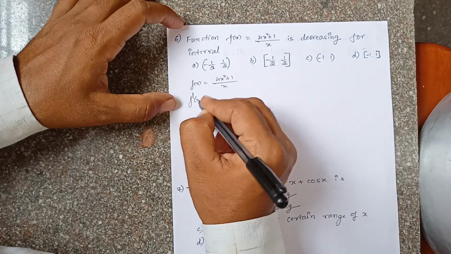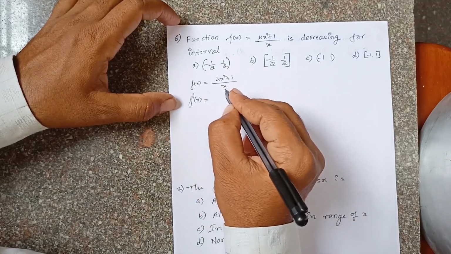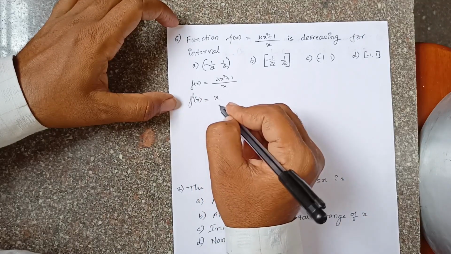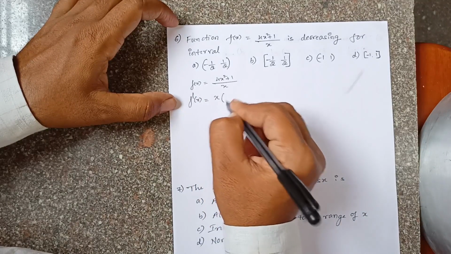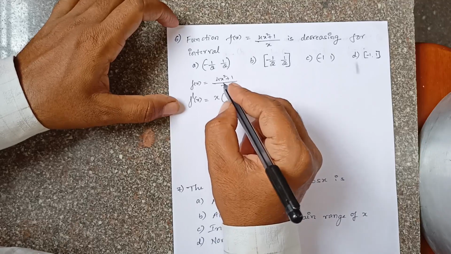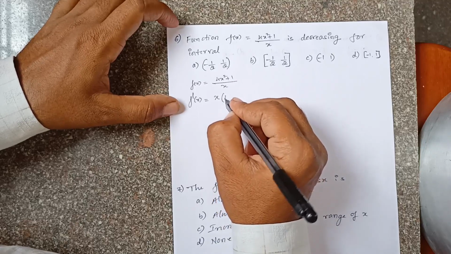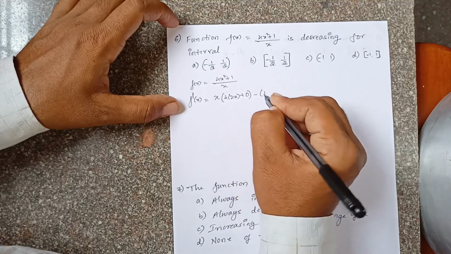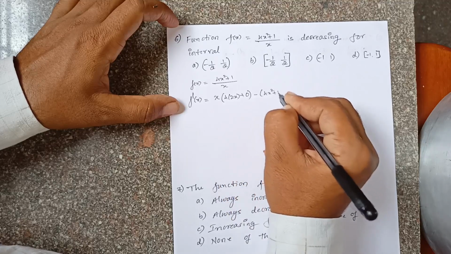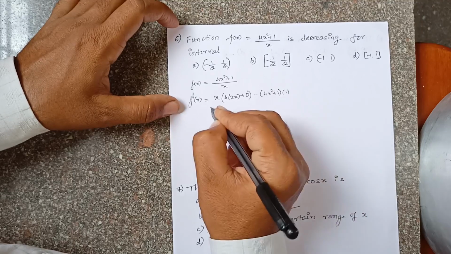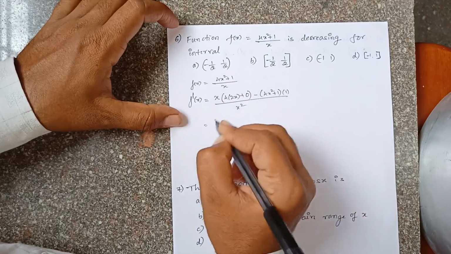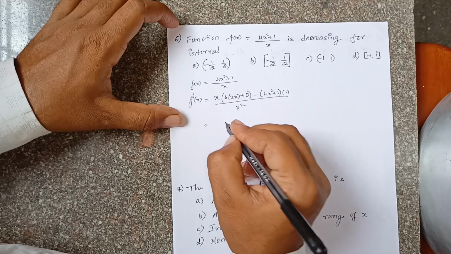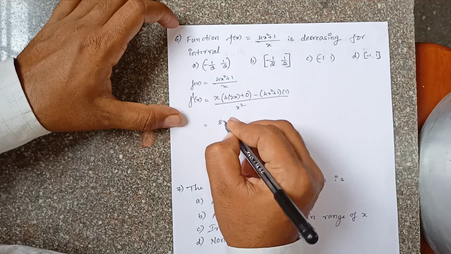Let us find the derivative of it. f dash of x is equal to, how do we differentiate it? We will differentiate by the u by v rule. Denominator kept as it is, differentiation of numerator: differentiation of 4x square is 4 into 2x plus 0, minus of 4x square plus 1 into differentiation of x, which is 1, divided by x square. 4 into 2x is 8x, into x is 8x square.